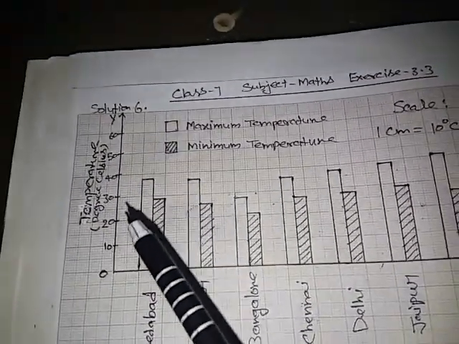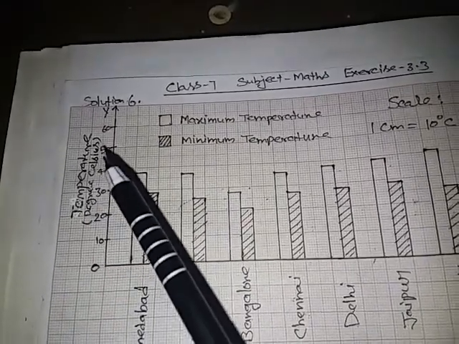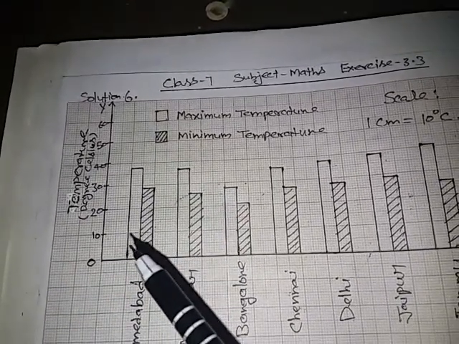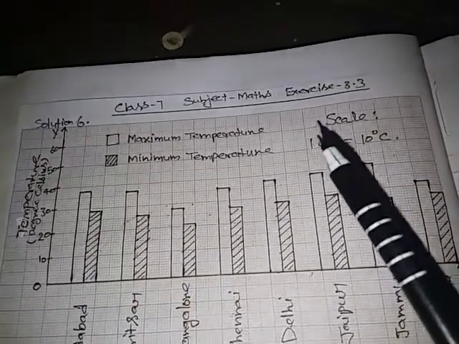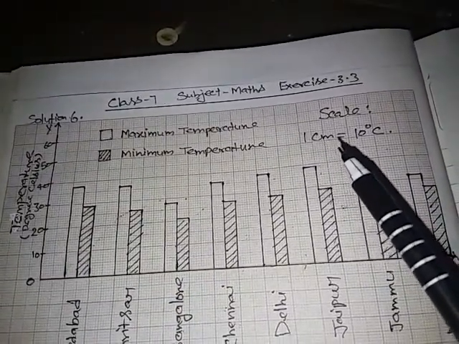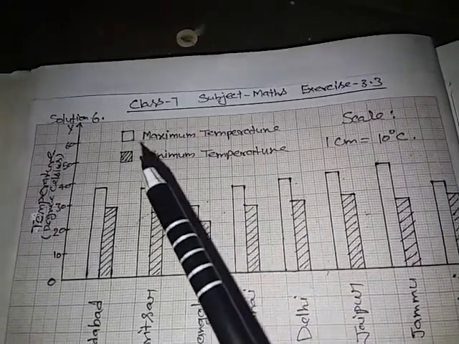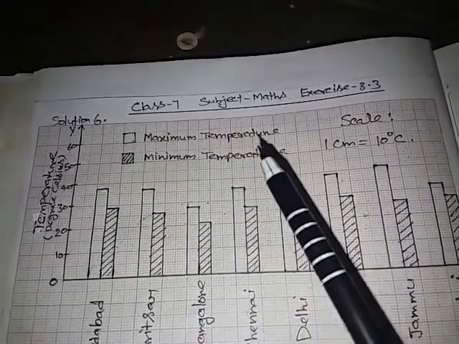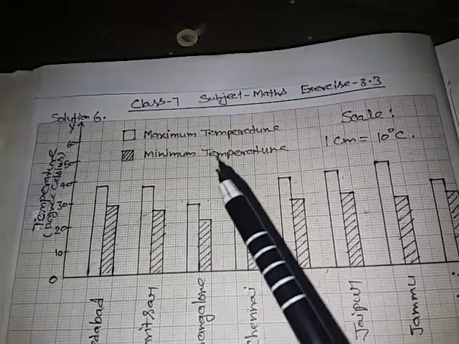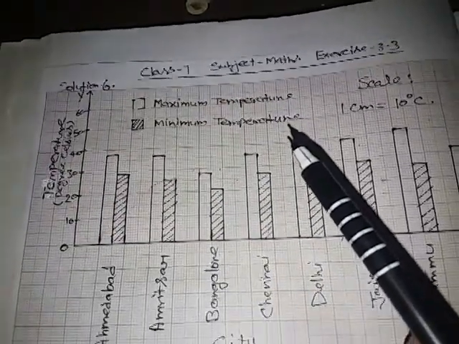On the y-axis we can show the temperature of different cities. Here we can take the scale 1 centimeter equal to 10 degrees Celsius. This shows maximum temperature and this shows minimum temperature.